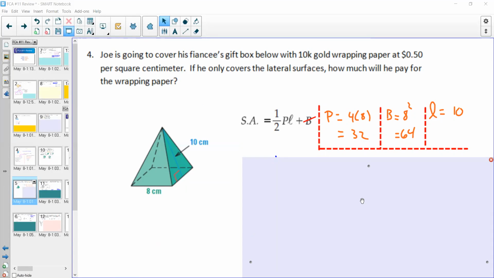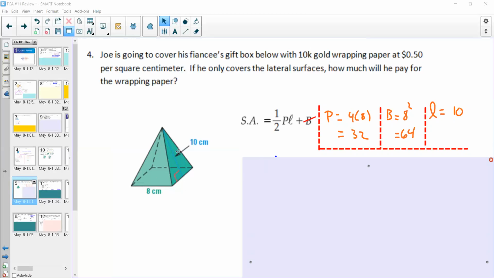Okay. And so Jake's telling us again that that's a different formula. I'm not sure if I have it down at the bottom, but you've got 4 triangular faces, so one triangular face would be 1/2 times the base length, which in this case is 8 centimeters, times the height, which is 10 centimeters.